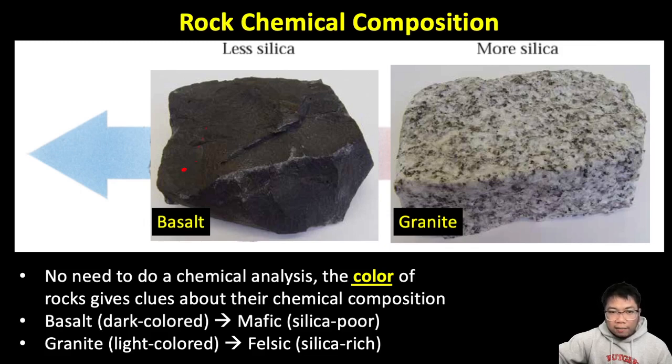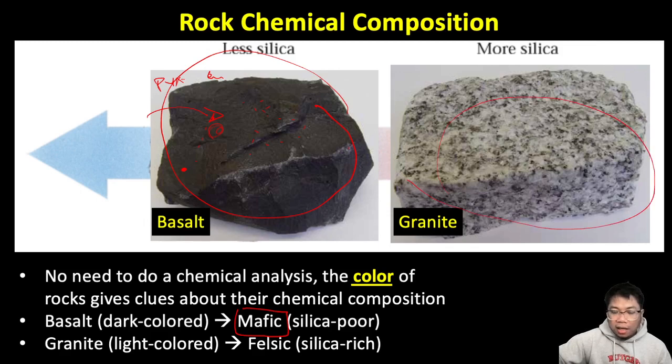Because it is dark colored, that simply means we have mafic rocks, because we probably have a lot of mafic minerals in it, such as pyroxene or maybe amphibole, that make this rock dark in color. So based on color, we can infer that this basalt is a mafic rock, and it is poor in silica.